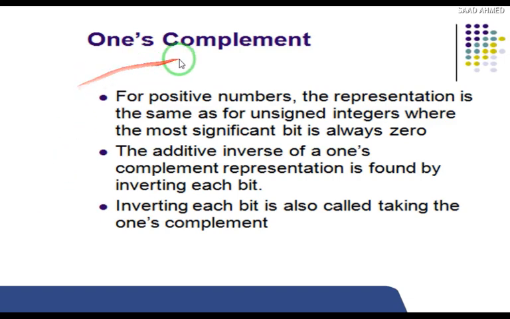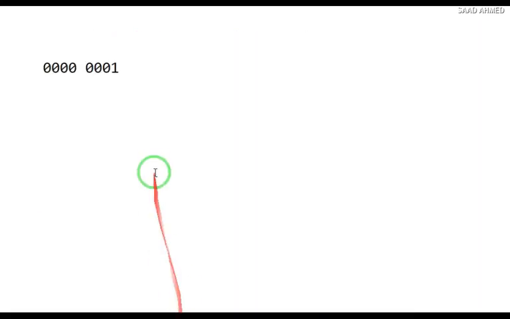So 1's complement is, if you have a number 00000001, which is equal to 1 in decimal, and you want to take its 1's complement, you simply invert everything. 1 will replace the zeros, and 0 will replace 1.